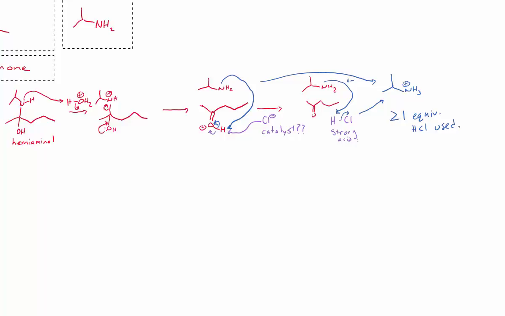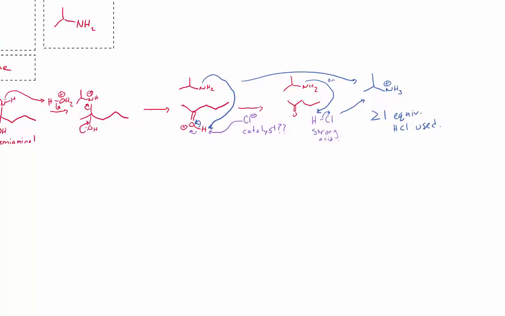In the reverse direction, HCl could technically be the thing that's put in as a catalyst, but what would actually be catalyzing the reaction would be this ammonium ion. So we're going to draw the reverse direction, and we're going to line it up going in the backwards direction here. So here's my ketone, and this is going to be my ammonium ion catalyst.